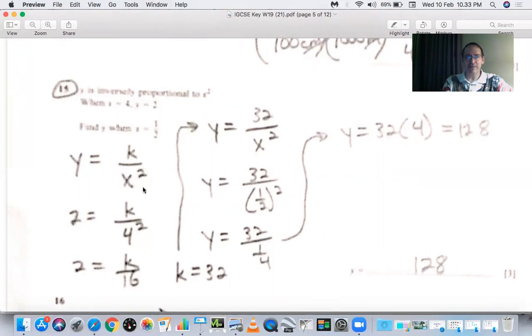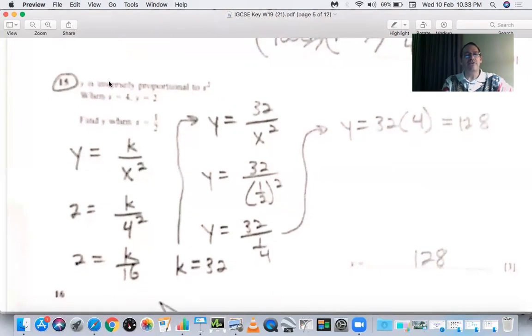If it were directly proportional, you would multiply. So inversely, you divide the proportionality constant by what follows. Directly, you multiply the proportionality constant by what follows. So this is inversely, which is divide k by x squared. Notice you don't see the k. You need to put the constant in because it's proportional.